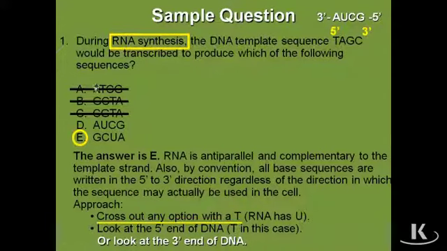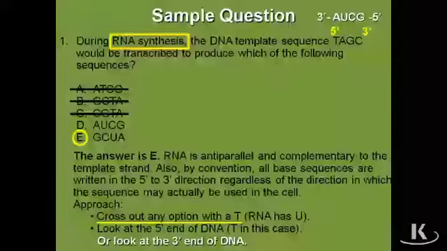It's 5 to 3 prime. So all of these answer choices, you're supposed to infer, are being given in the 5 to 3 prime direction. So this sequence up here, although from 3 to 5 prime reads AUCG, notice that from 5 to 3 prime it reads GCUA, making choice E the right answer choice.